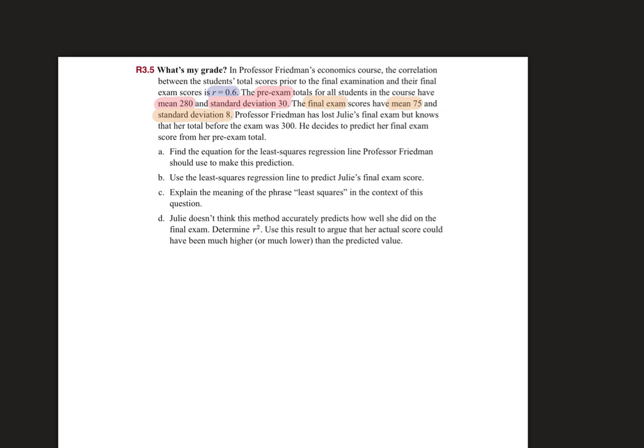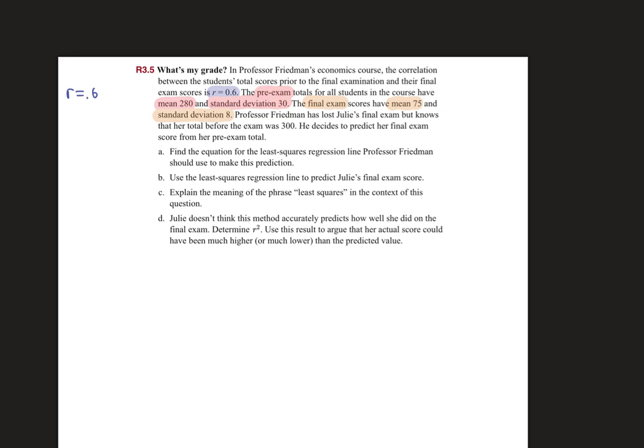So let's write all that down in symbols. We know r equals 0.6. The pre-exam is definitely the x variable, the explanatory variable, and the final exam is the response variable, the y.